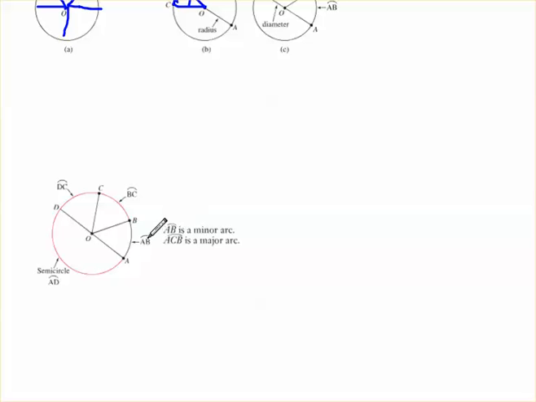Here we have one that says arc AB, and you notice that arc is labeled with a little circular sort of line over the AB. From A to B, the arc here is called a minor arc because it is less than 90 degrees. And then they say arc ACB is a major arc, which ACB is probably not written in the best way. They should have listed it as ABC, that arc being a major arc.